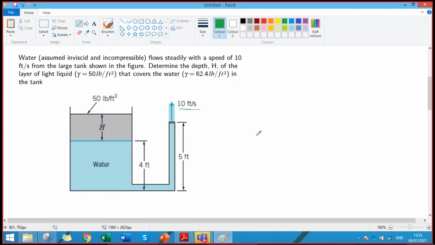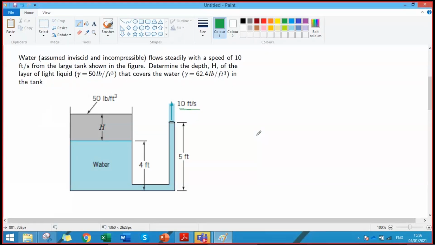So how will you solve? How can you calculate the height h? We will write the total head equation. Total head equation at which points? At 4 feet and 5 feet.